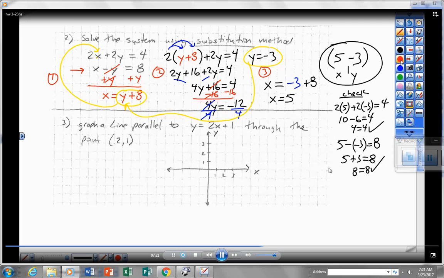All right, parallel line. Parallel line has the same slope. The slope of the line they want it parallel to is this one, which has a slope of 2. So my parallel line will also have a slope of 2, or 2 over 1. I want you to go through this separate point. So I go to the point 2, 1, plot it right here. And from that point, I use that slope, over 1, up 2, over 1, up 2.